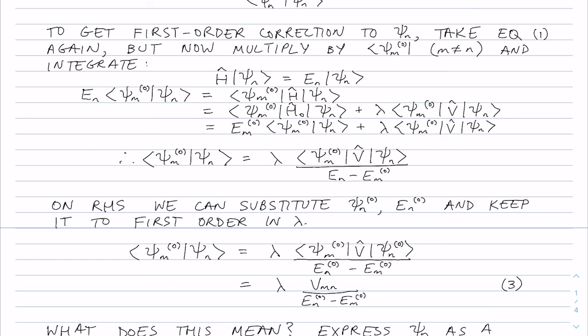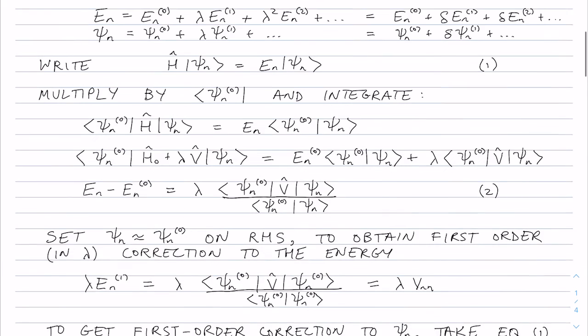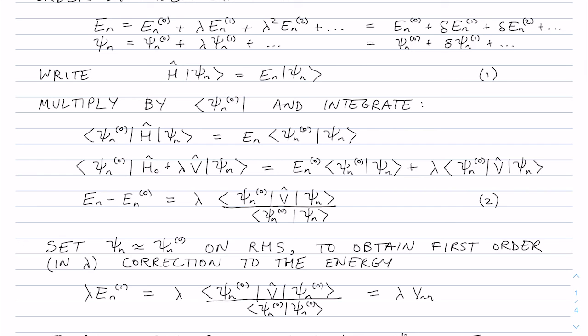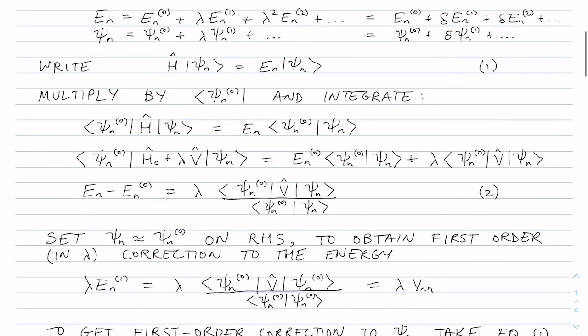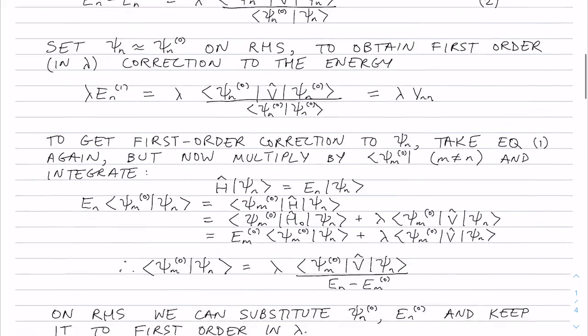Here. Wait, equation 3 is exact? No. This one's exact. Equation 3 is first order in lambda. But equations 1 and 2 are exact, and you can just do an order by order expansion, and then you can get your higher orders, third order, fourth order, etc.